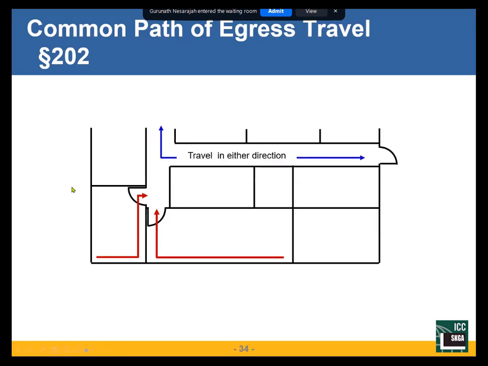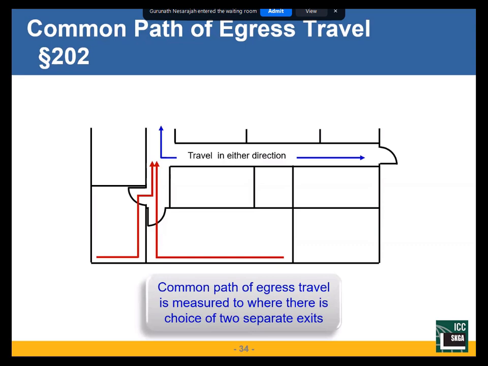Because when I get to this point in the corridor, yes, I'm in the corridor, but I still have to travel this way. I haven't reached the point where I have 2 choices yet. So I'm going to measure that distance. At that point, I have a choice. Continue straight ahead, turn to the right. That's my common path of egress travel that is limited.